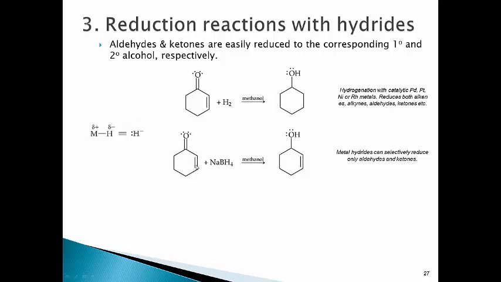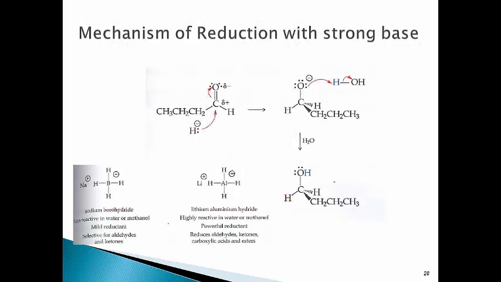If you have a carbonyl and a double bond and you want to retain that double bond, you need to use a metal hydride. Okay, so metal hydride such as sodium borohydride, sodium triacetoxyborohydride is another example that's less harsh compared to sodium borohydride, and we keep that double bond there.